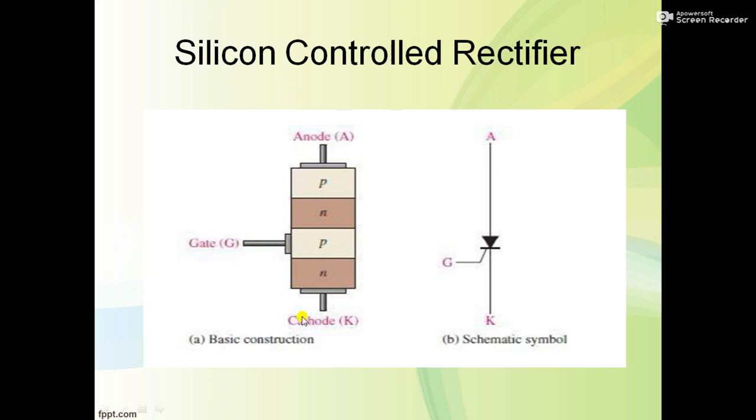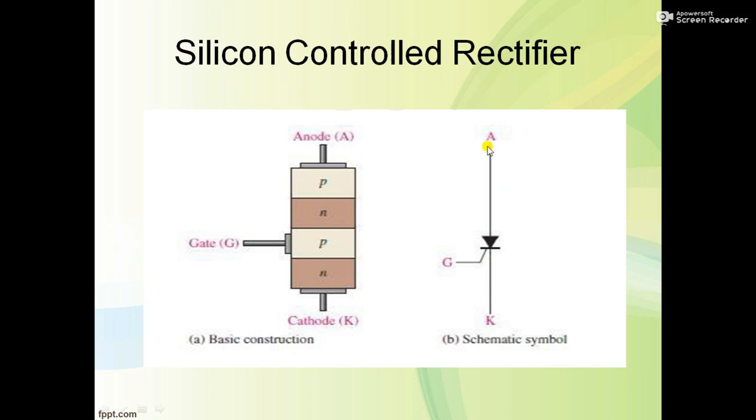Total: anode, cathode and gate. And this is the schematic symbol of the SCR: anode A, cathode K, then gate G.